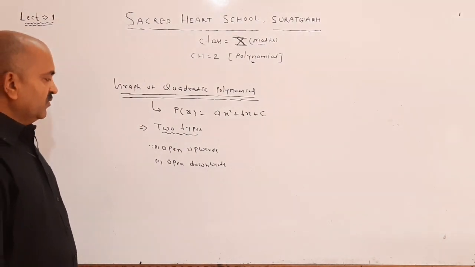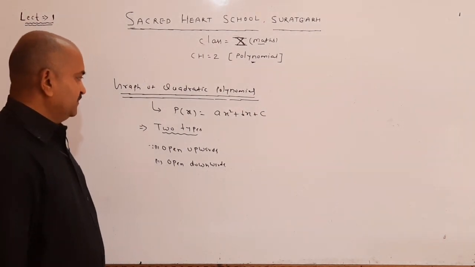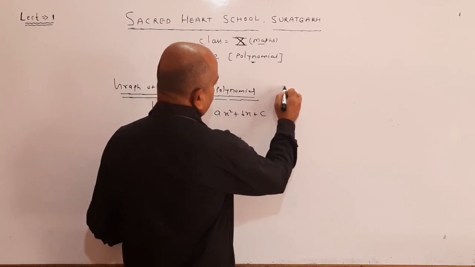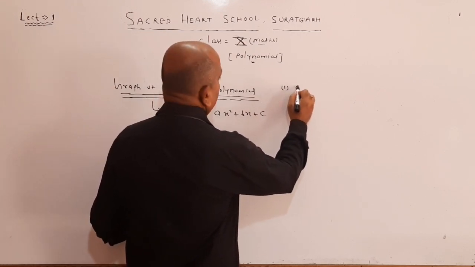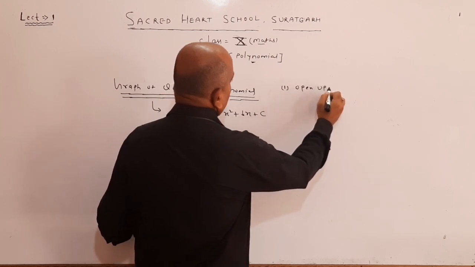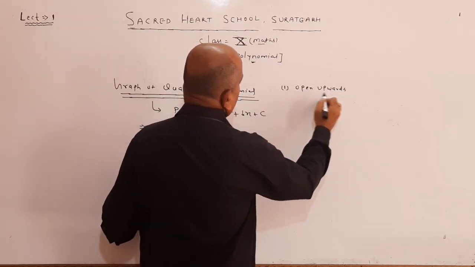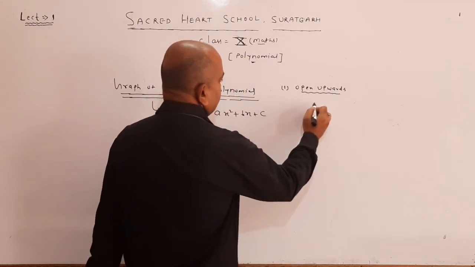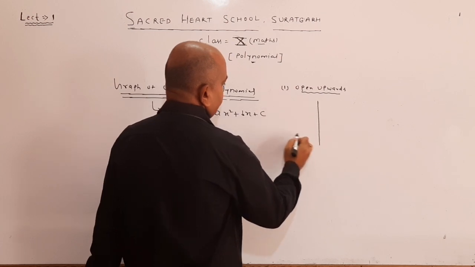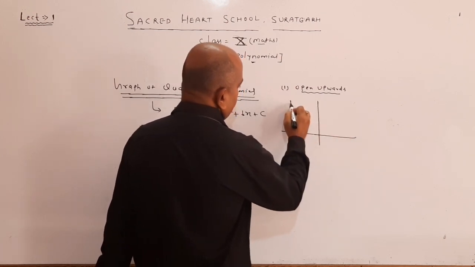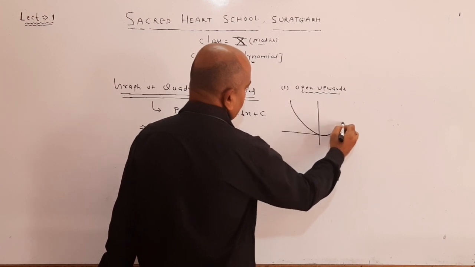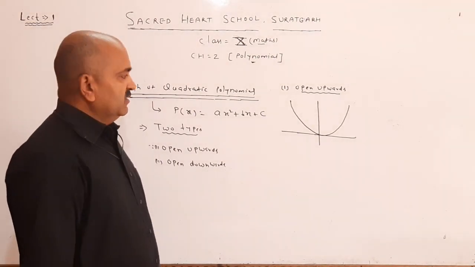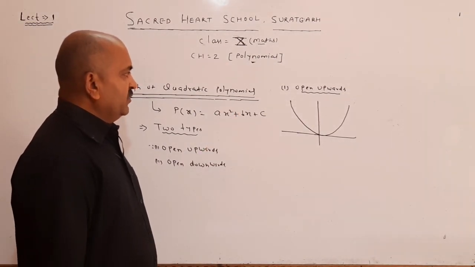Students, if the graph is of this type, opening on the upside, then we say this graph is open upward.